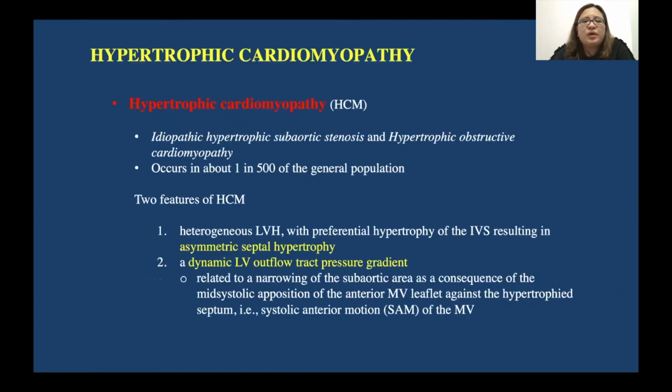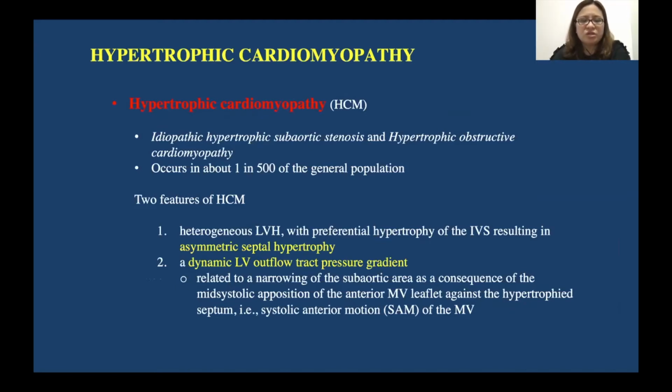Let's move on to hypertrophic cardiomyopathy. Hypertrophic cardiomyopathy could be an idiopathic hypertrophic subaortic stenosis or a hypertrophic obstructive cardiomyopathy, or the HOCM. It occurs in about 1 in 500 of the general population.